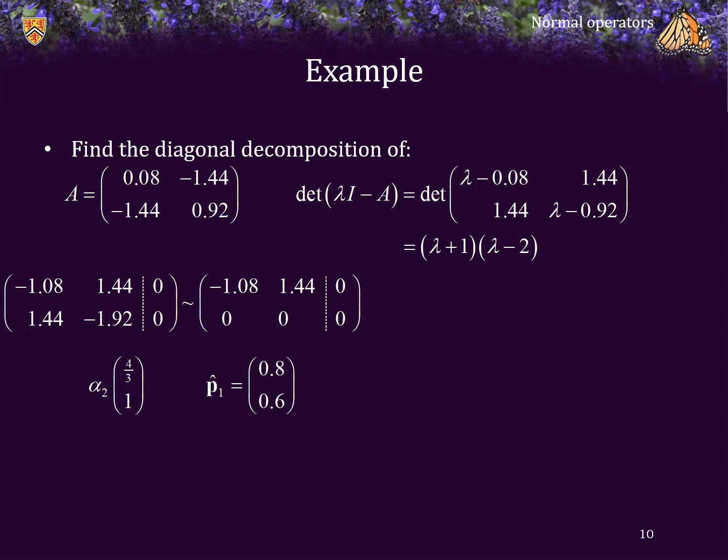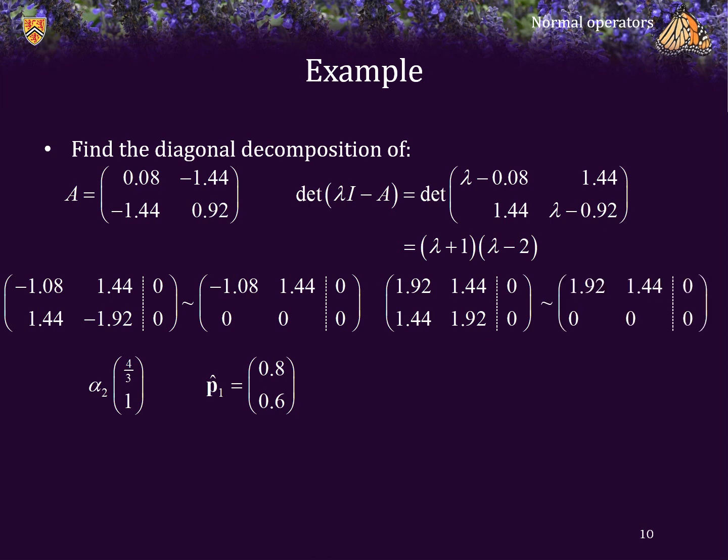Next, to find a basis for the null space when lambda is equal to 2, we calculate 2 times the identity matrix minus A, which is this matrix here. Once again, we apply Gaussian elimination to eliminate the second row, and in fact the second row is a scalar multiple of the first. It has to be because the null space cannot be just the zero vector.